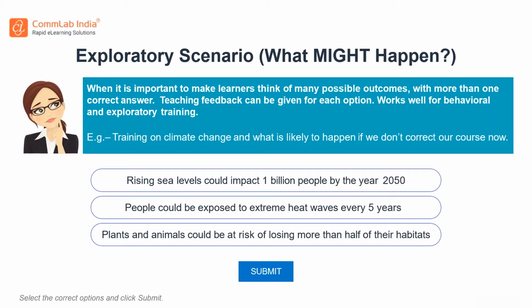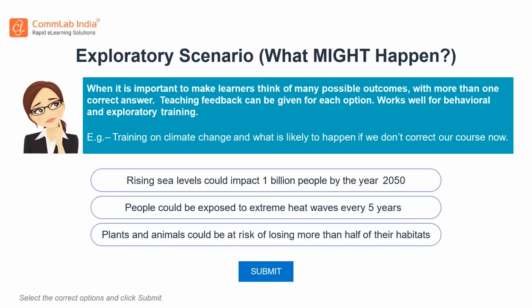As I just mentioned, when it's important to make the learner think of many possibilities and you want them to think through each, your teaching feedback can be given for each option. So instead of just telling the learner that something is right or wrong, you don't even tell them whether their selected option is the correct choice or not, but just give the implications.